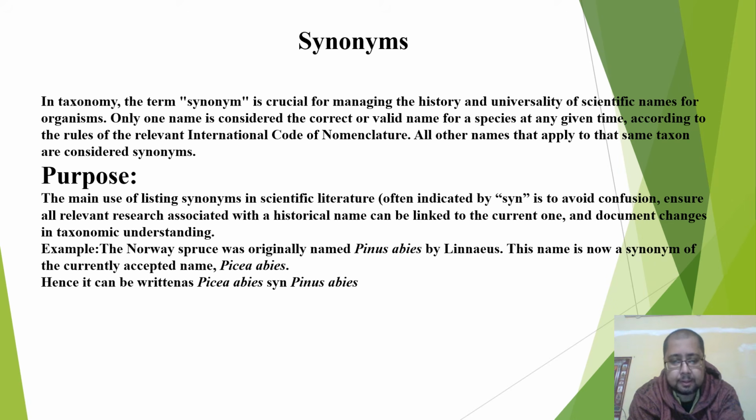Another aspect is synonyms. Now, earlier I mentioned that one organism can have only one valid scientific name. But sometimes it occurs that one organism can be simultaneously described by two different authors, as the scientific literature is a very vast field. So two authors can simultaneously describe the same organism unknowingly but separately.